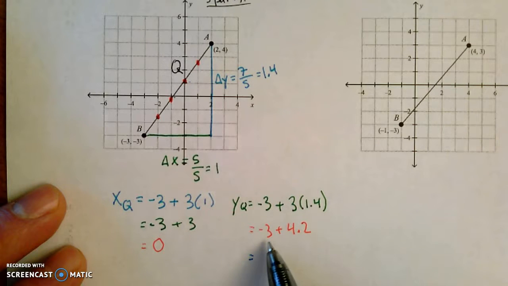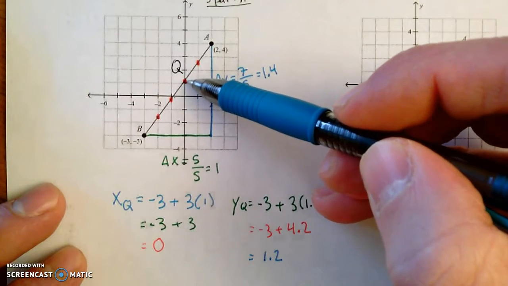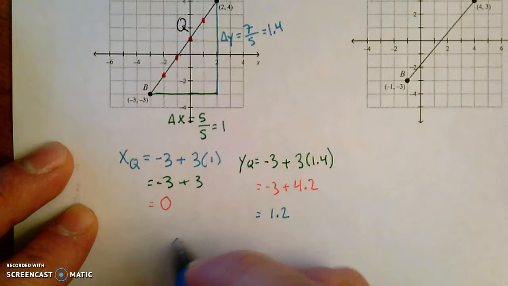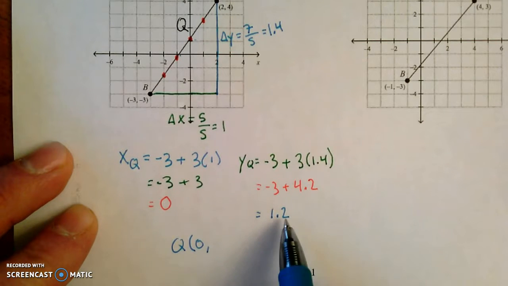So if it's -3 degrees and the temperature goes up 4.2 degrees, it's -3, -2, -1, 0, 1.2. If you look here, it looks like we're up 1 and just a pinch more, so that makes sense, 1.2. So our coordinates for Q are 0, 1.2.